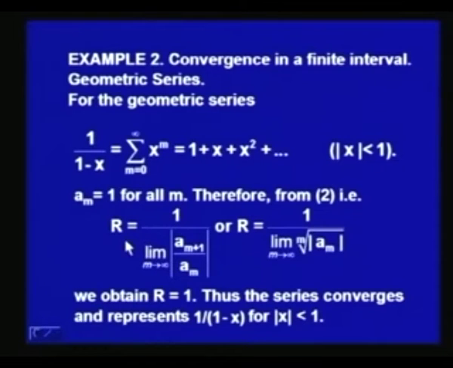Therefore, if you apply the formula, you find that r is equal to 1, and the series converges for all values of x in the interval minus 1 to 1 and represents the function 1 over 1 minus x.